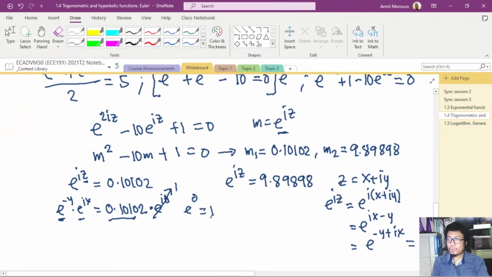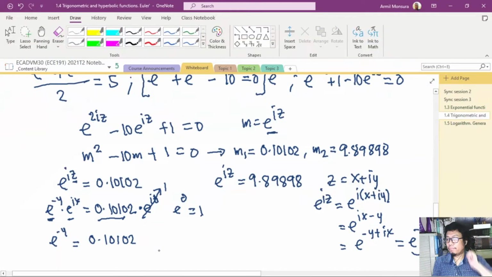So this would imply that we have e raised to negative y equals 0.10102, and the other half is that x here equals 0.